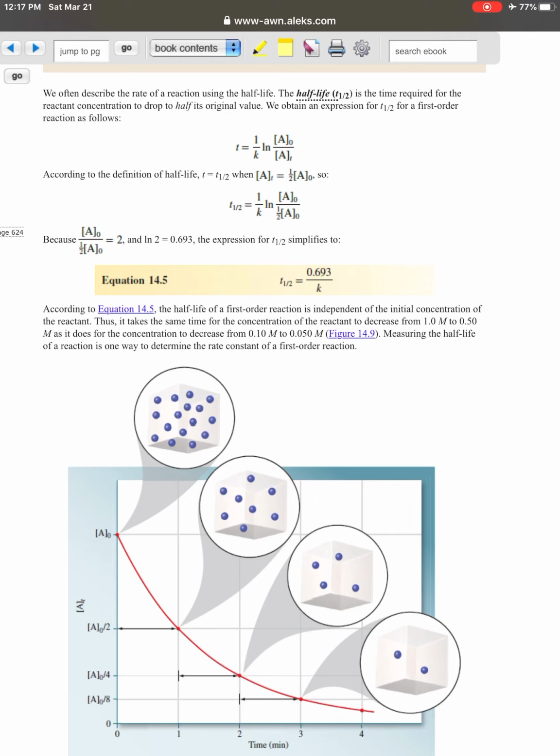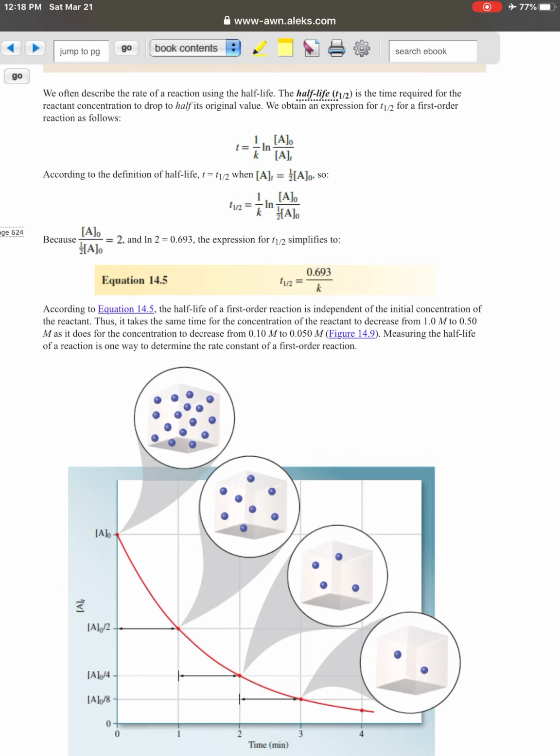Because [A]0 over 1/2 [A]0 equals 2, and ln 2 equals 0.693. By the way, you want to do that in your calculator. Take your calculator, put in ln of 2. Your calculator will either do it as you put the 2 and then hit ln, or you'll hit ln and then hit 2 equals. It should be approximately 0.693.